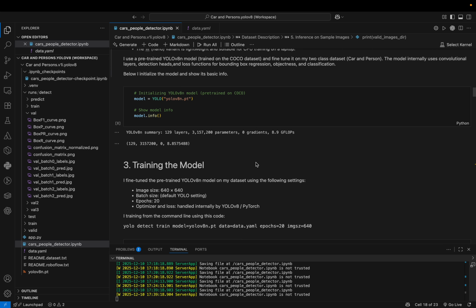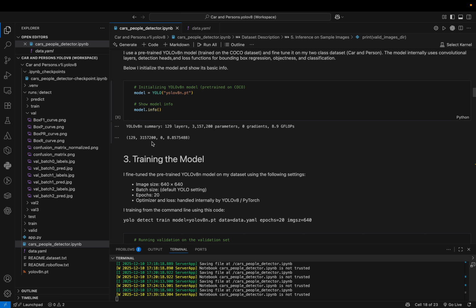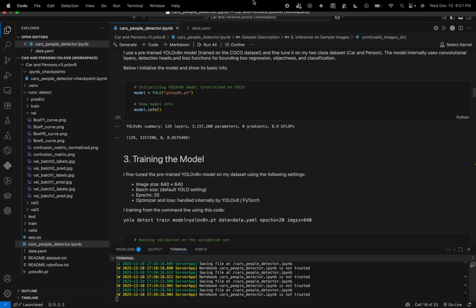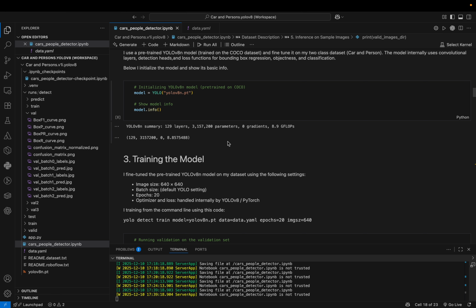The model has 129 layers, which includes the convolutional layers, activation layer, and detection heads, and it has 3.1 million parameters, which seems like a big number, but deeper models have 50 plus million parameters. And I think this 3 million parameters is good, and it's lightweight for the CPU that I'm using.